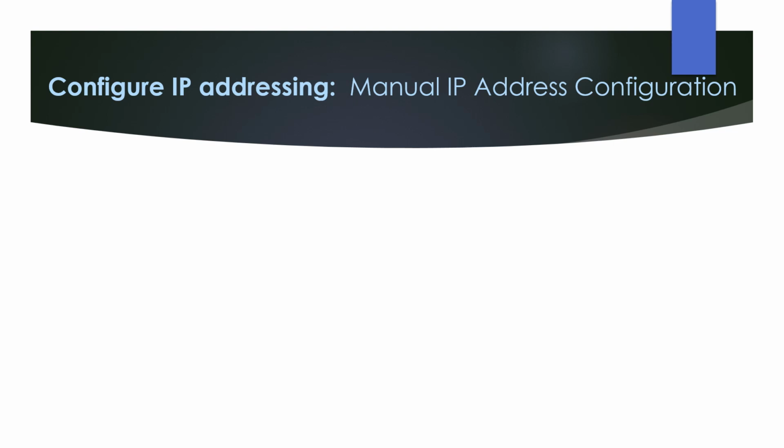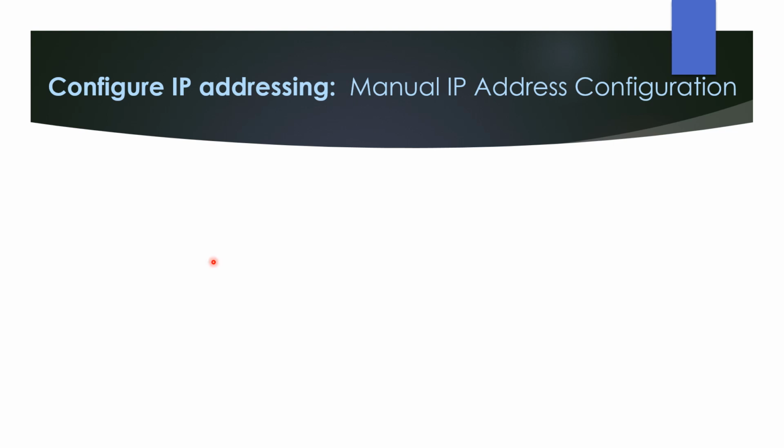We will implement basic connectivity by configuring IP addressing on switches and computers. IPv4 address information can be entered into the device manually or automatically using the Dynamic Host Configuration Protocol.